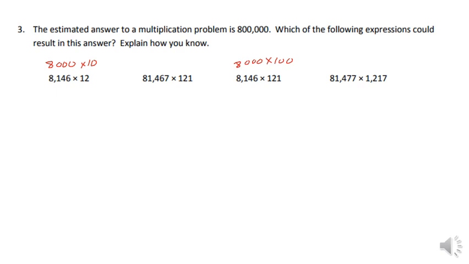Now, there could be more than one. Now, it says 800,000. Well, I know 8 times 1 is going to give me 8, and I have 4 zeros in there. 1, 2, 3, 4. So there's 80,000. So this one was not the correct answer. Okay? 8,000 times 100. So I know I have 8,000, and I'm adding 2 zeros. Okay. This one here works. This is a good answer. Now you have to check this one, and you have to check this one. There could be more than one answer.